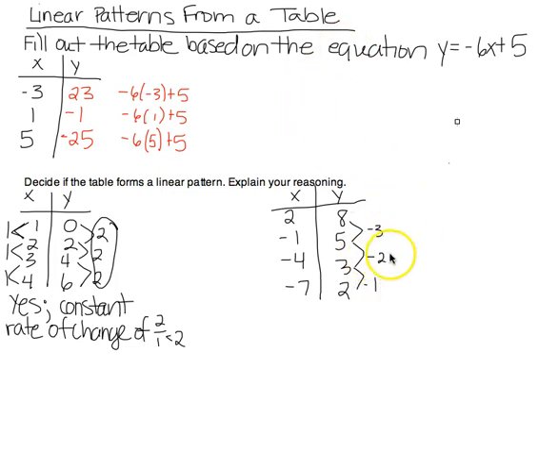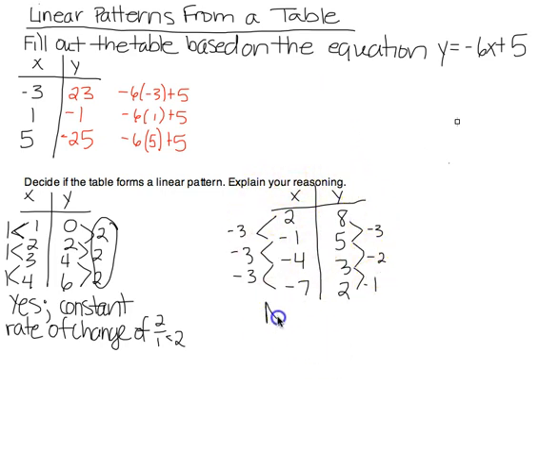So this isn't necessarily bad if the change in x's isn't constant. So we need to see what that is. From 2 to -1, that's -3. From -1 to -4, that's -3. That's -3. So here we have the same change in x's, but we do not have the same change in y's.